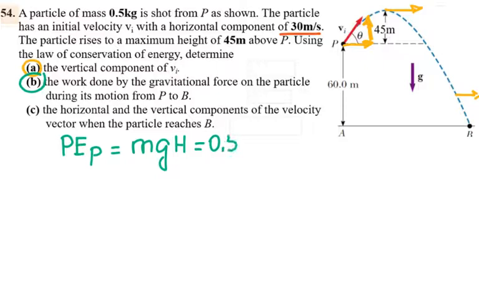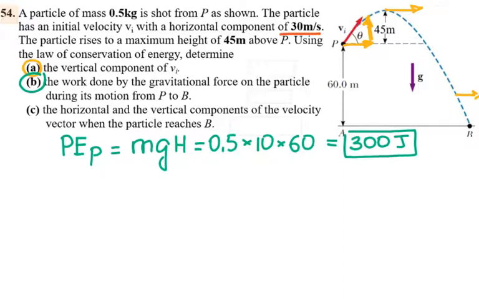So the mass is 0.5, g is 10, and h is 60. So that gives me 300 joules. That is the potential energy, 300 joules.